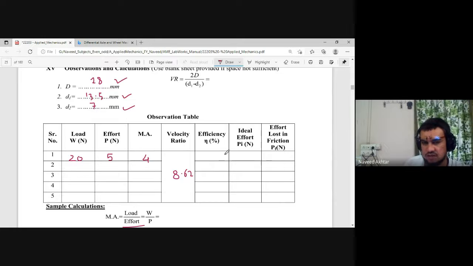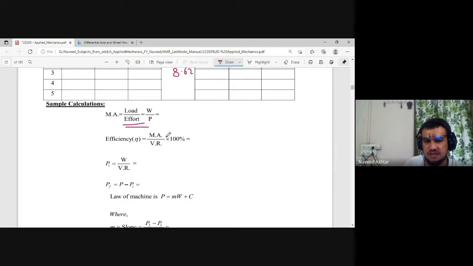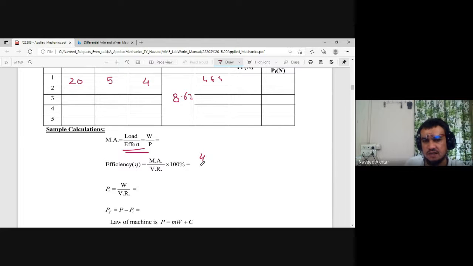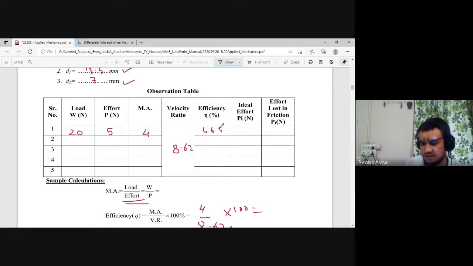Then you can find out the efficiency, that is MA upon VR, whatever the mechanical advantage, here it is 4, upon the velocity ratio 8.62, into 100. This will give the efficiency in percentage. Write down this efficiency here.